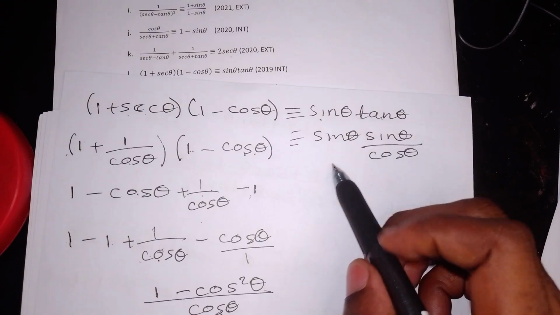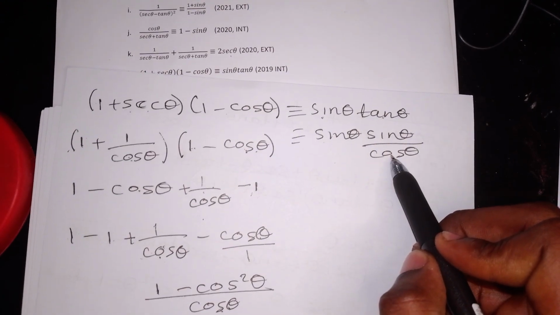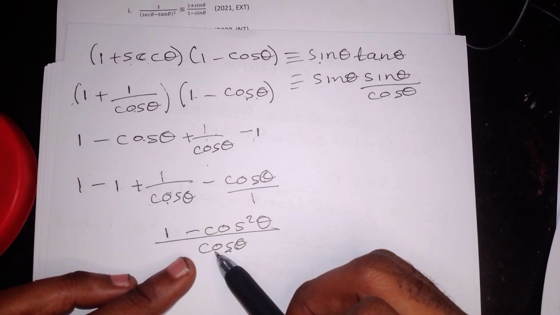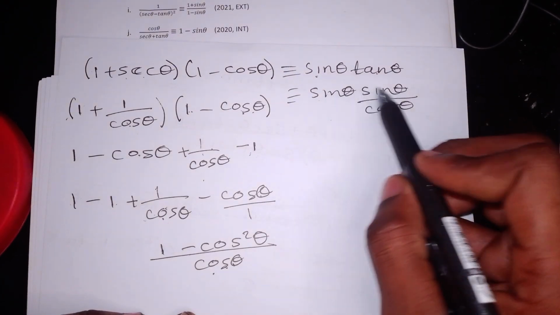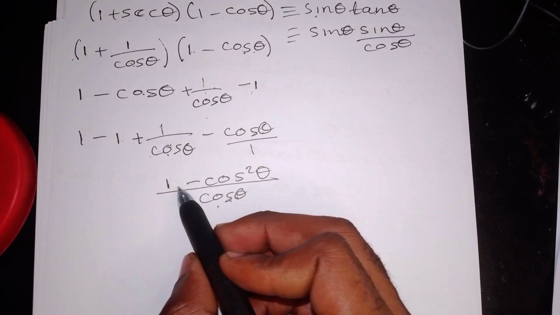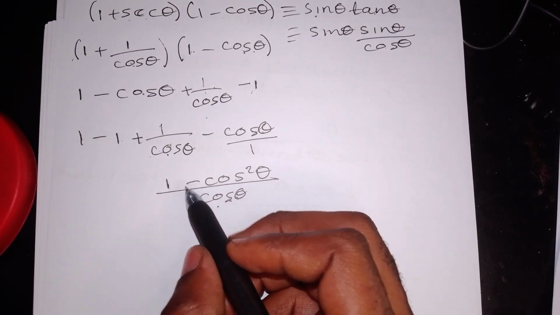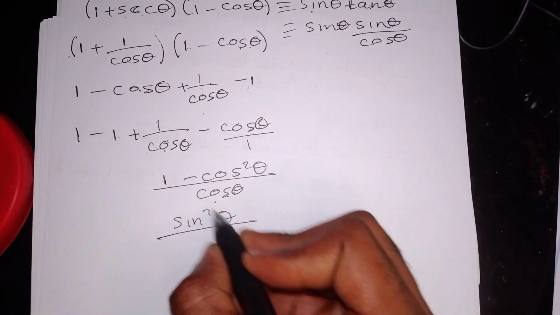So remember, we want sine theta and then sine over cosine. We already have the cosine in the denominator, so we just want the sine squared, or the sine times sine. Of course, we know that this is sine squared theta from the very first identity.